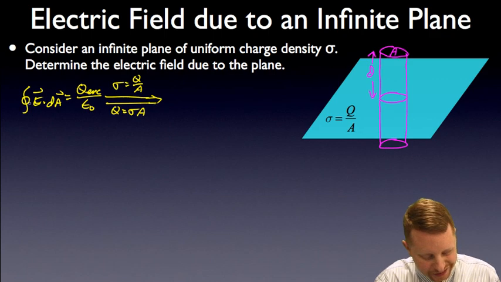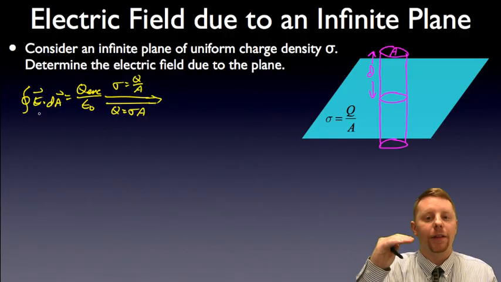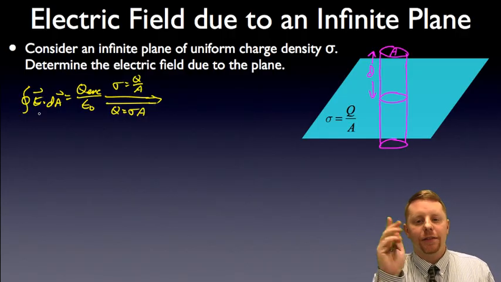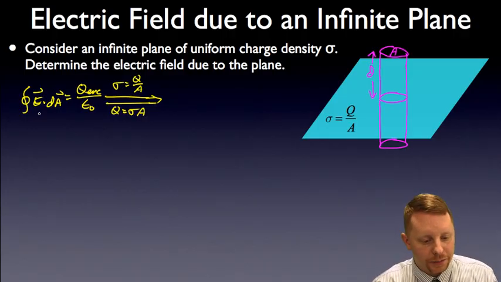Now, as we look at the left-hand side, that's all equal to the total flux. And I'm going to break the flux up into a couple different pieces. The flux through the top cap, the flux through the bottom cap, and the flux through the cylinder sides, which we know is going to end up being 0.